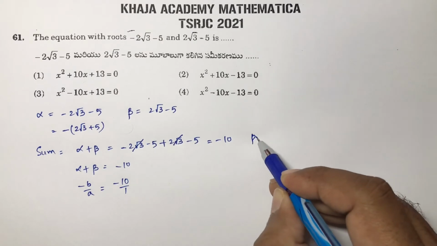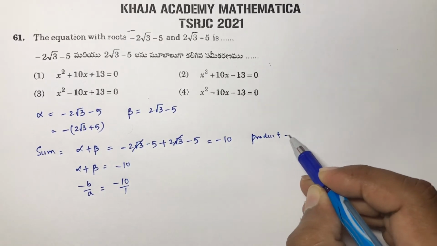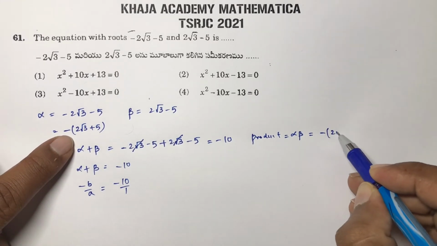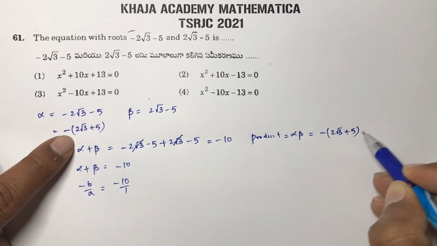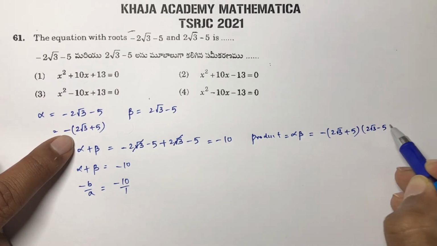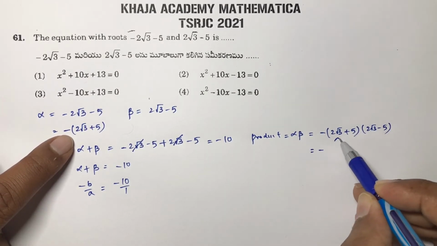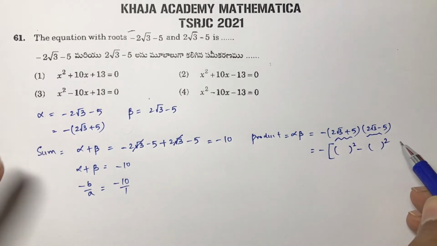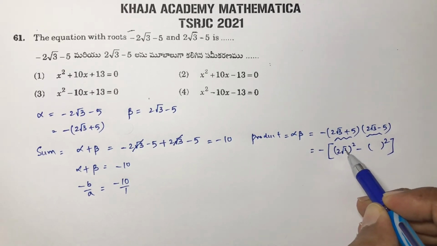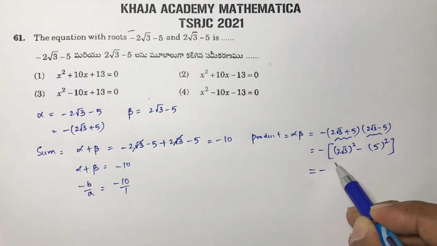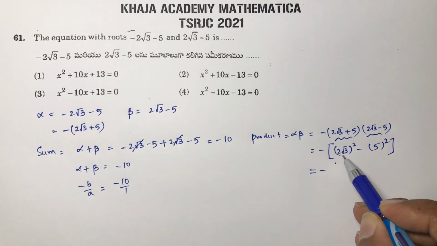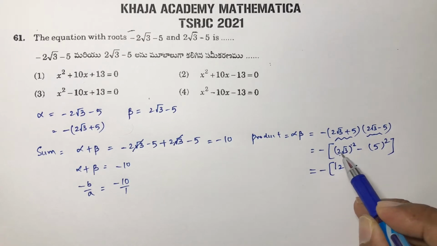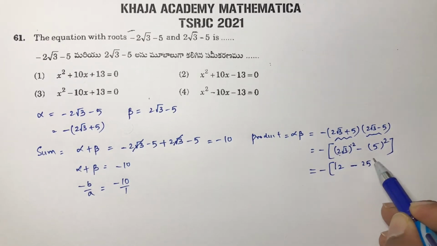Next find the product. Product is alpha into beta. So alpha, I'll take like minus of (2 root 3 plus 5) into (2 root 3 minus 5). If you see these two terms, they are in the form of (a plus b) into (a minus b). So a square minus b square. Here 2 root 3 and here 5. (2 root 3) whole square is 2 square is 4, root 3 whole square is 3. So it is 12. 4 into 3 is 12, minus 25.